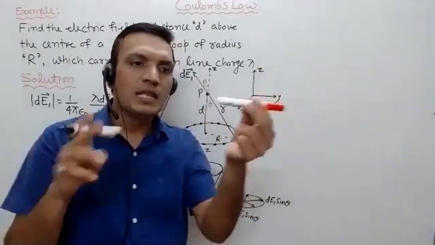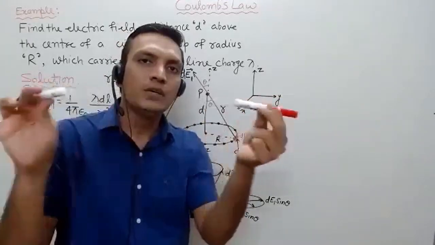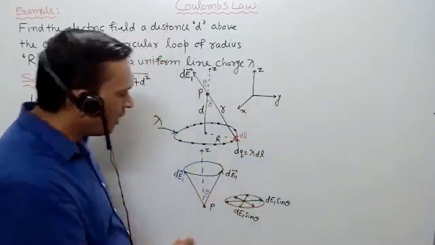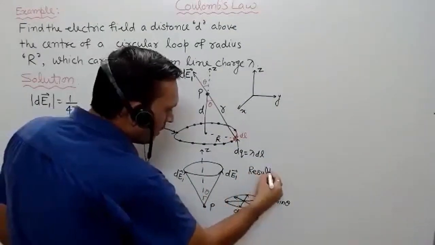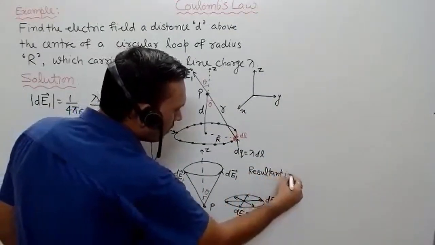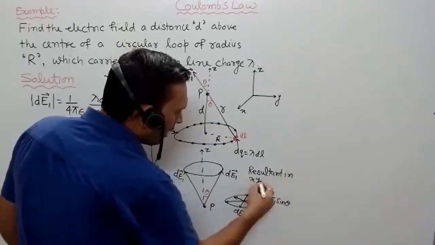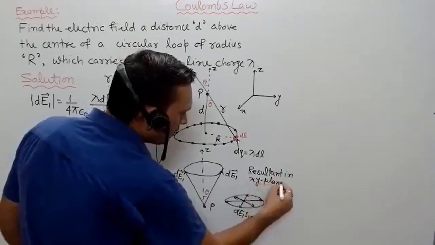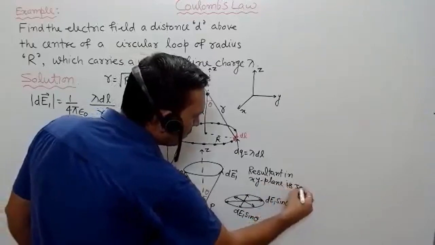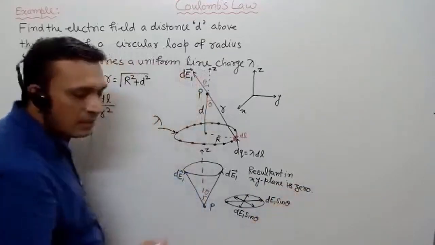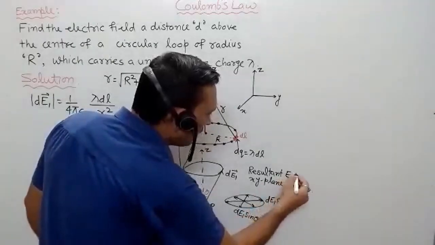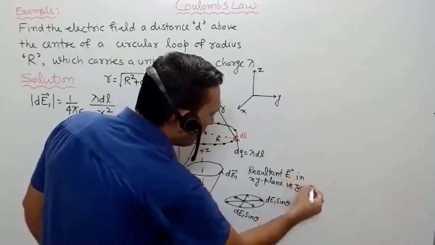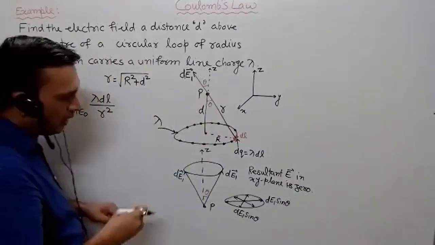Corresponding to each dE1 sine theta, you have an opposite dE1 sine theta. So in the XY plane, you will get a disk of dE1 sine theta, and corresponding to each you have an opposite one. So the resultant in the XY plane is 0.